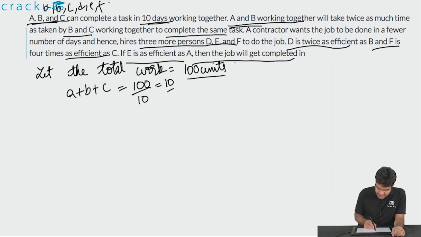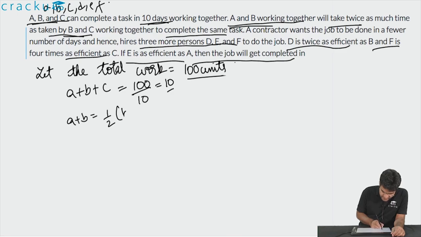It is also given that A and B, while working together, take twice as much time as taken by B and C working together. Therefore, the efficiency of A and B is half the efficiency of B and C. So A plus B is equal to half into B plus C, or 2A plus B is equal to C.